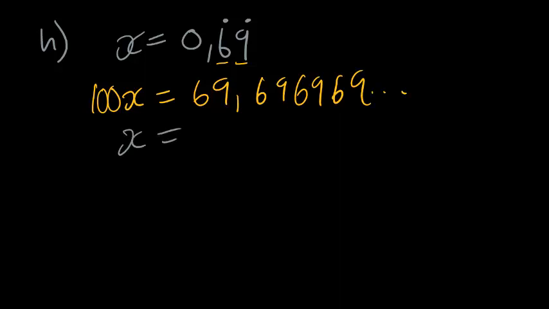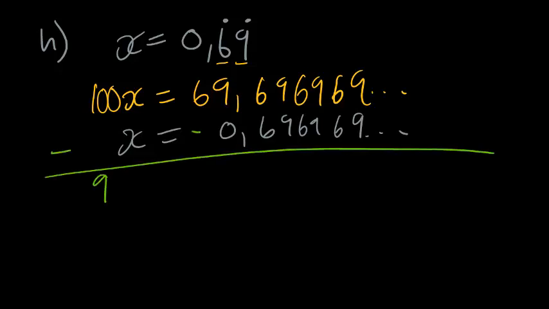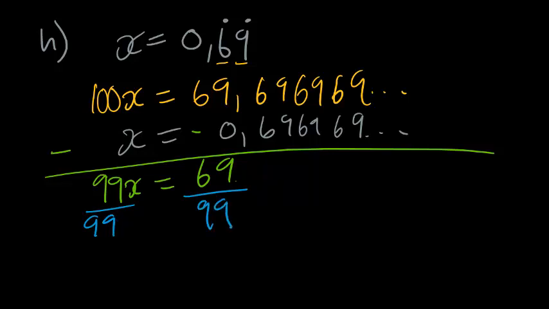I said x equals 0.6969 to infinity. Next, I'm going to subtract on both sides. I'm going to say 99x is equal to 69. Next up, I divide both sides by 99. So that becomes x is equal to 69 over 99.